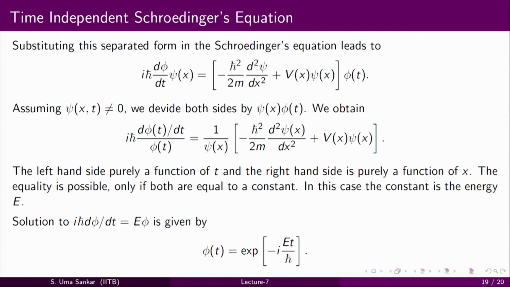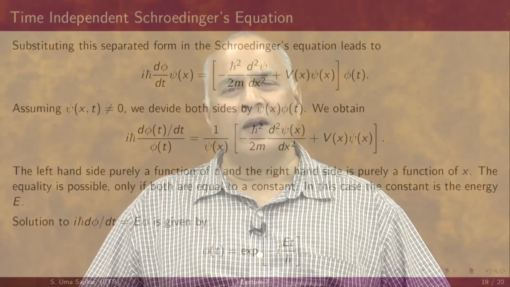So, how can both be equal when there is one kind of variation on the left hand side and a different kind of variation on the right hand side? So, the equality is possible when both left hand side and right hand side are equal to a constant. So, we impose that and we take the constant to be the energy.